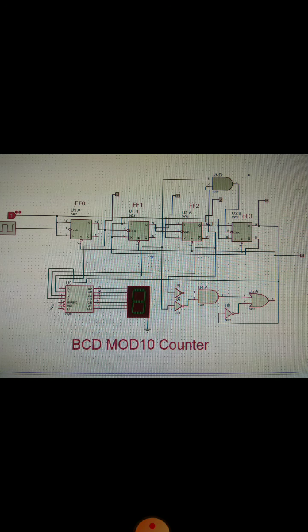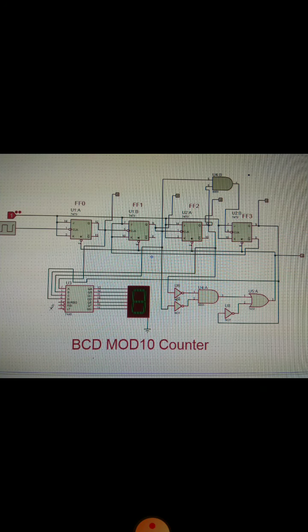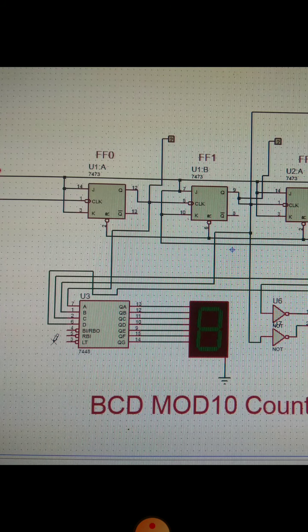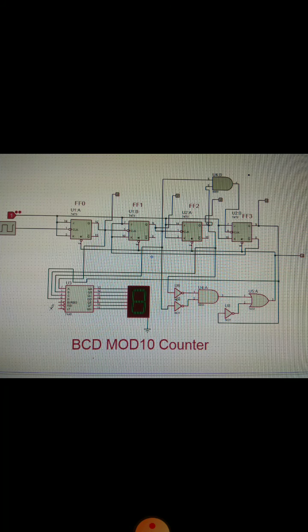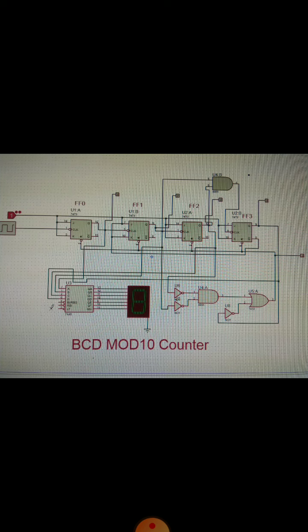You can check and understand the operation. Clock is fed with your clock input. Just observe this circuit, and the simulation part I am sharing in another video. Thank you.